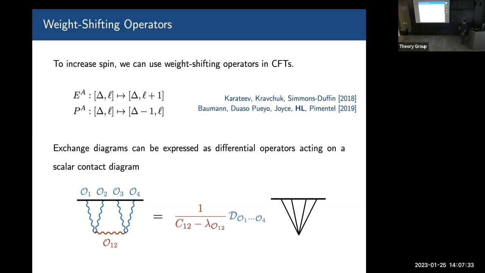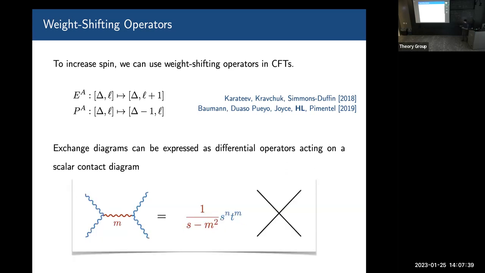The nice thing about this representation is that it exactly resembles the structure that we have for the exchange diagram for amplitudes. Here again, we can write the exchange amplitude as a propagator multiplying some function of the Mandelstam variables, multiplying the scalar contact diagram. So we see this very nice correspondence between the two pictures.